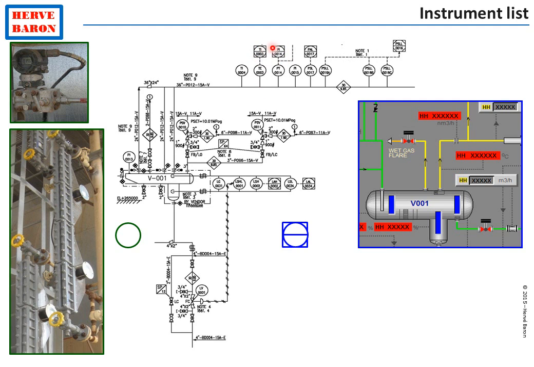These instruments are depicted on the P&IDs with a square frame. So this pressure indication, for instance, is available on the screen of the control system remotely from the control room, whereas this pressure indication is only available locally.